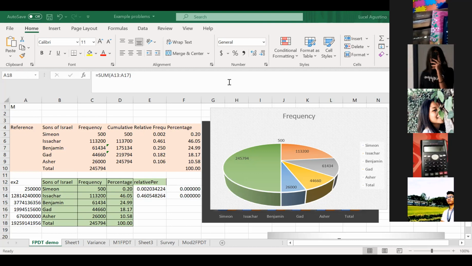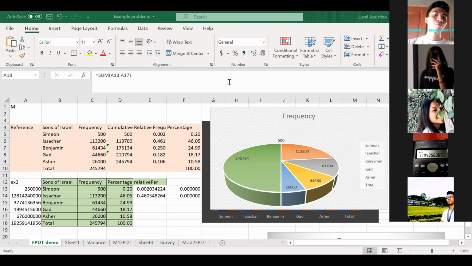So, RCL, press letter A. So, there it is stored. Is that your stored data?